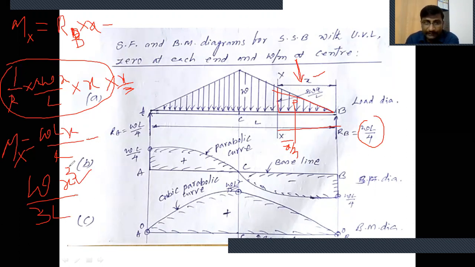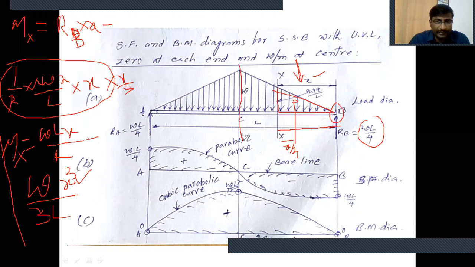If it varies with x, we get the inclined straight line. If there is no x in the equation, then it is a horizontal line. Like this bending moment equation at xx, by substituting x is equal to 0, we get the bending moment at B. If we substitute x is equal to L by 2, we get the bending moment at C.